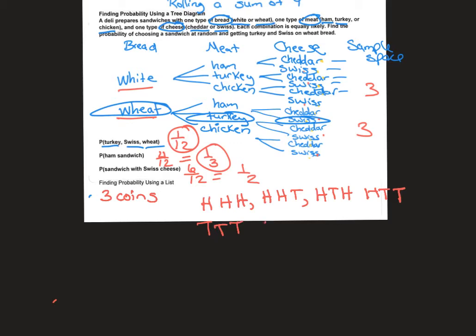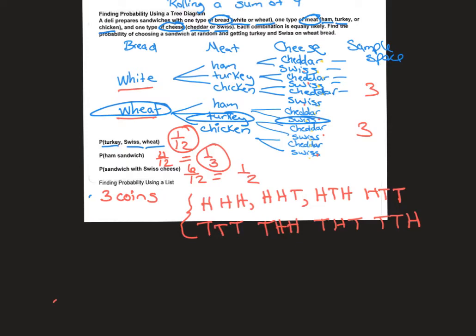I could get tails, heads, heads. I could get tails, heads, tails. And the last one would be tails, tails, heads. Okay, so that's just a list of the outcomes we could have. So I listed all my possible outcomes of flipping 3 coins. Okay, so that'd be a way of just putting a list.